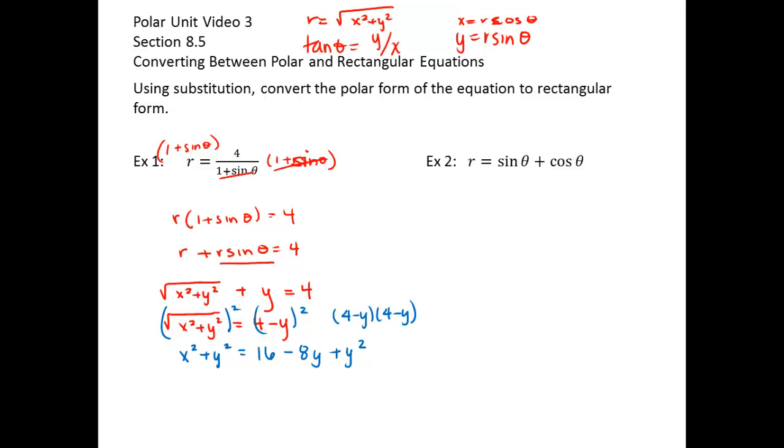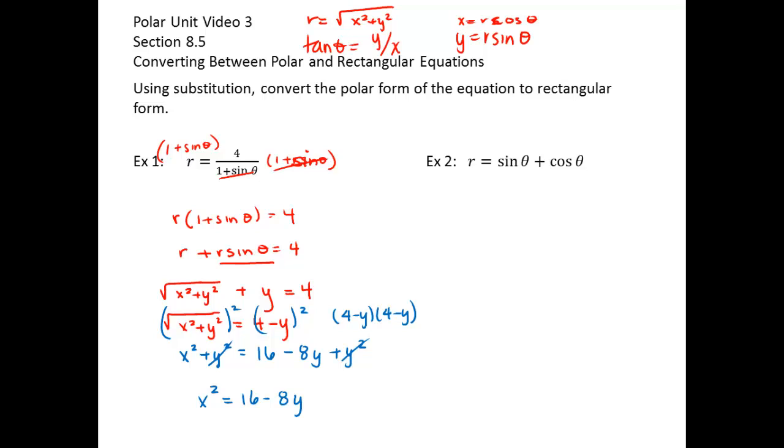Since I have y squared on both sides, and they're the same positive, then I can get rid of them, and my final answer is x squared equals 16 minus 8y. You may or may not remember this, but this is actually a parabola. It's a parabola that opens sideways from your conics unit, which was the last unit from Algebra 2.